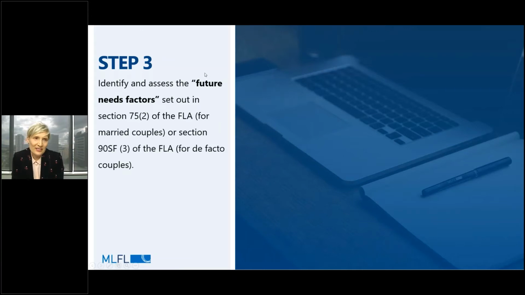The third step is identifying and assessing the future needs factors, which are identified in section 75(2) of the Family Law Act, which applies to married couples, or section 90SF subsection 3 as it relates to de facto couples. So they are the same factors, they're just set out in different sections depending upon whether it's a married relationship or a de facto relationship.